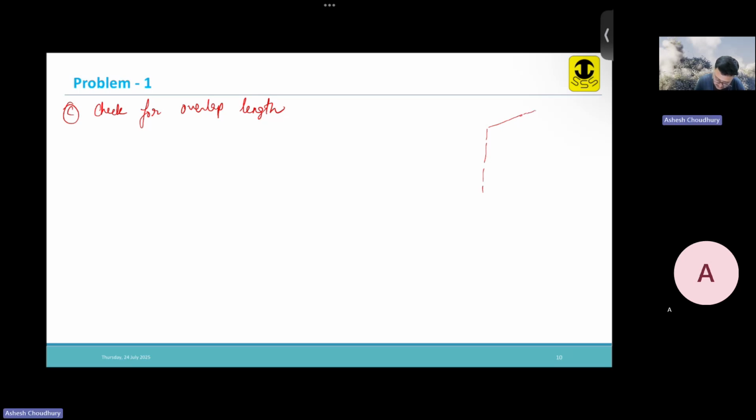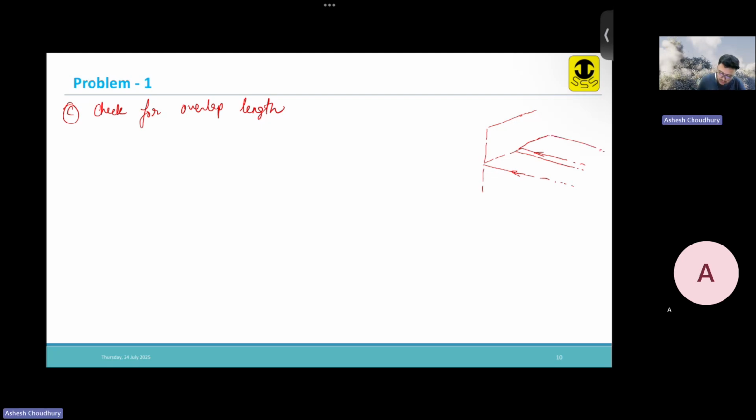This is the wall face, and you are placing one geotextile like this. Then there will be one more geotextile that you have to overlap. So this is the machine direction, so there is no problem. But on the other direction, there is a width constraint, right? So I have to overlap.